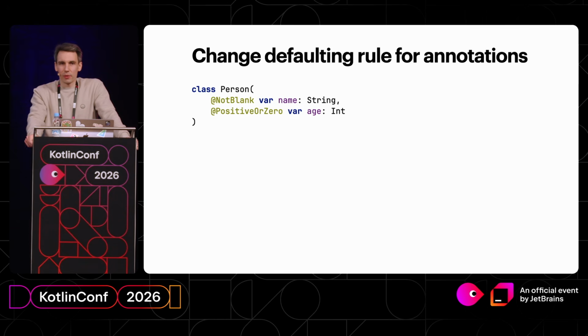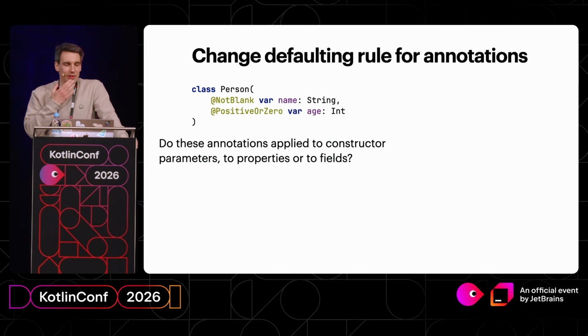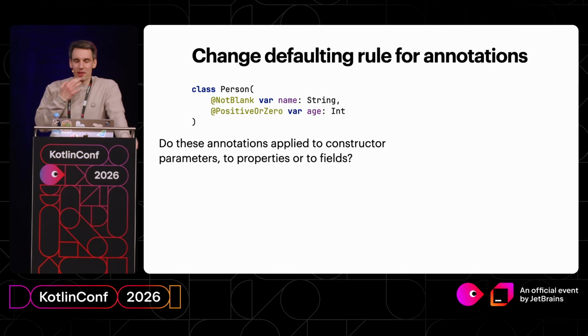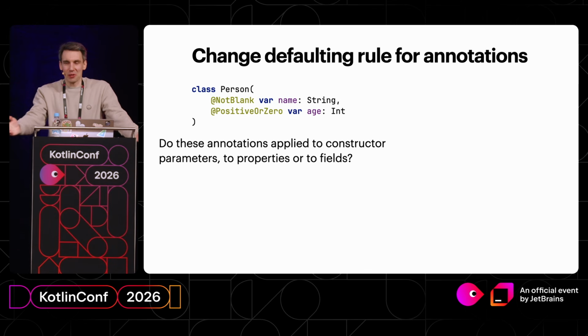And one of the problems is that, as I showed, we hide quite some defaults. The question is, where do these annotations apply? Are they applied to constructor parameters? To properties? To fields? Or to everything at once?